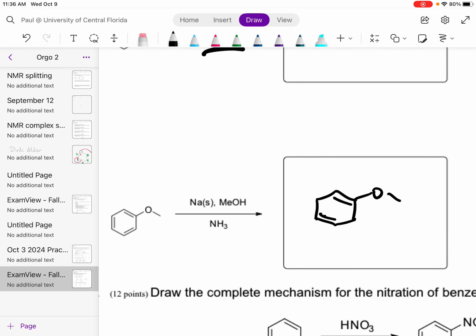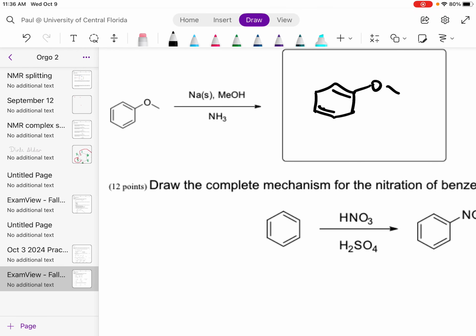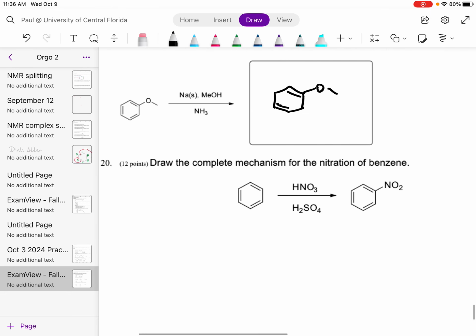Okay. And then this last one, draw the complete mechanism of the nitration of benzene. You can see that in your textbook. Right from the textbook. You'll find the answer there.